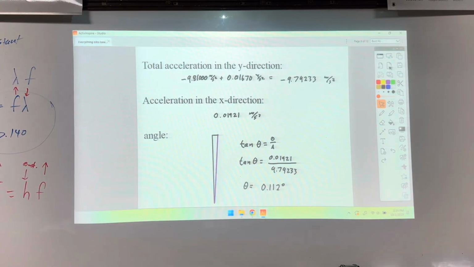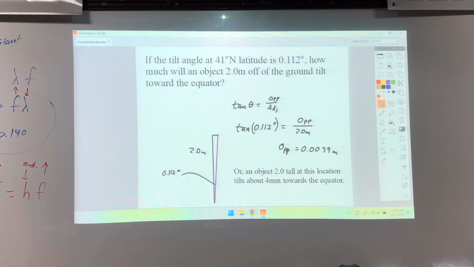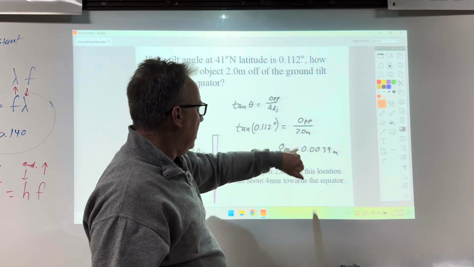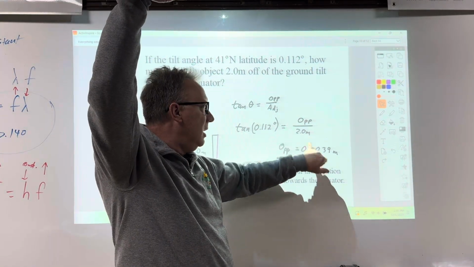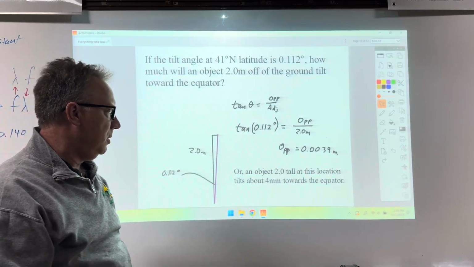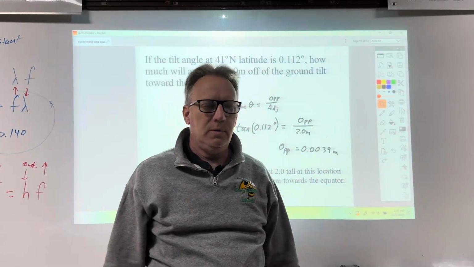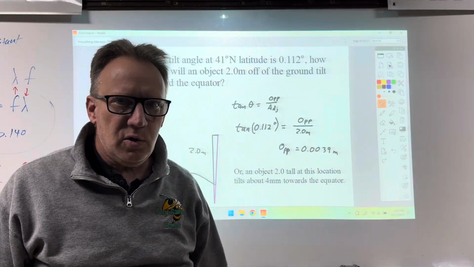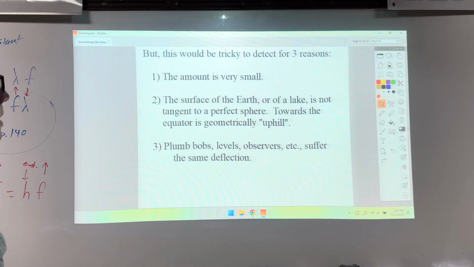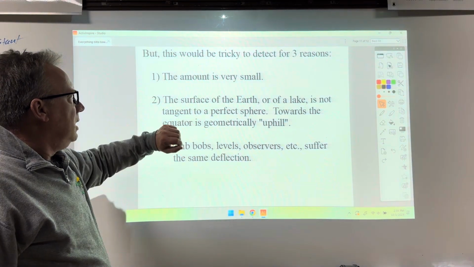It works out, if I remember right, for up at 2 meters high, to less than 4 millimeters of tilt towards the equator. So not very much at all, but it's there. The amount is very small.